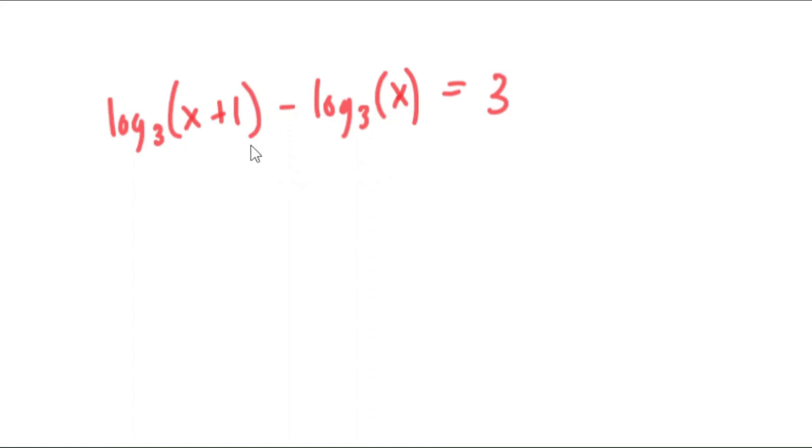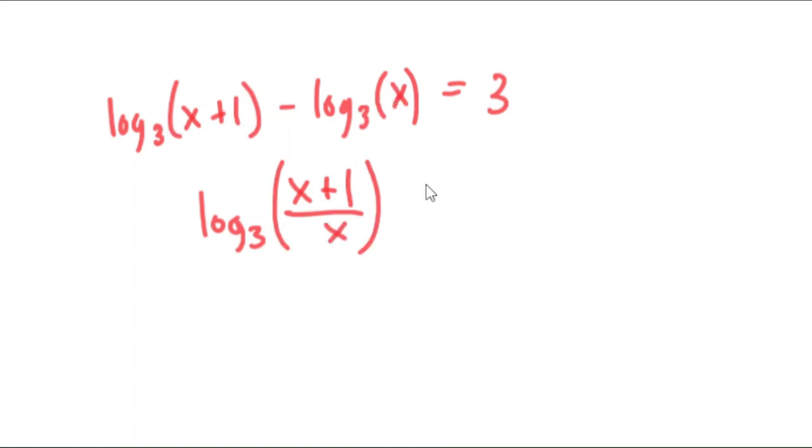Well, we're going to combine these two logarithms using the quotient property, right? Notice we have a difference of logarithms. We can rewrite this as log base 3 of x plus 1 over x, and that will equal 3. So I've just rewritten this left-hand side using the quotient property of logarithms. Now it's of the form log base something of something equals something.